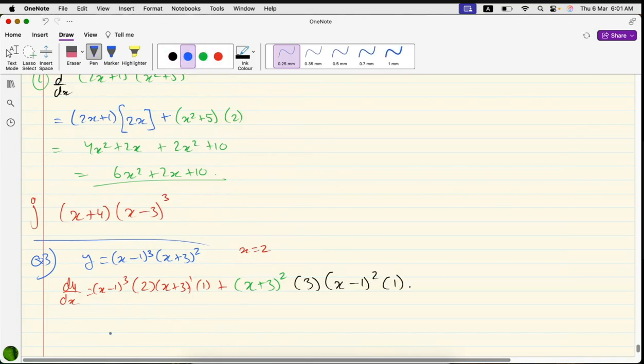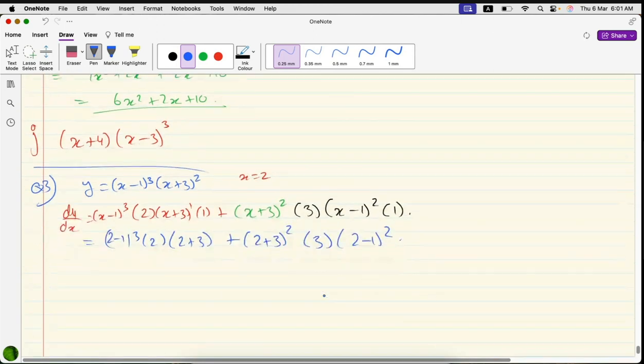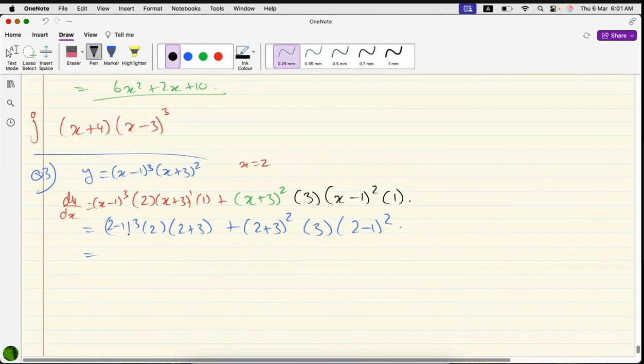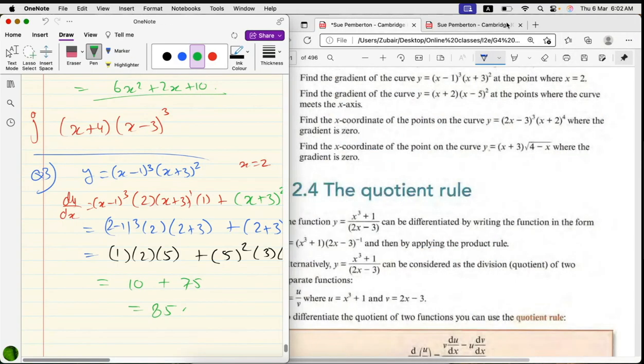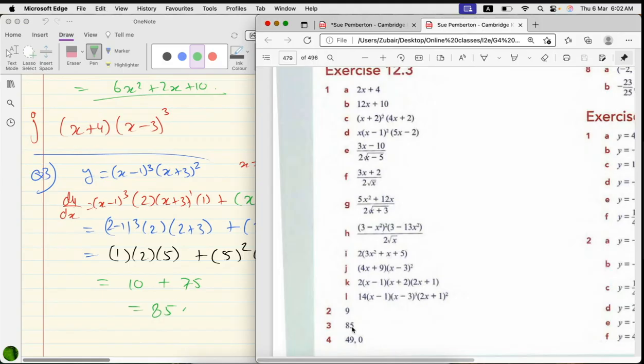Now we need it at x is equals to 2. 2 minus 1 cube, 2 into 2 plus 3, 2 plus 3 square, 3 into 2 minus 1 squared. 2 minus 1 is 1, 1 cube is just 1, into 2 into 5, 2 plus 3 is 5 squared, 3, 2 minus 1 is 1. 10, 25 into 3 is 75, that's 85. Question 3 is 85.